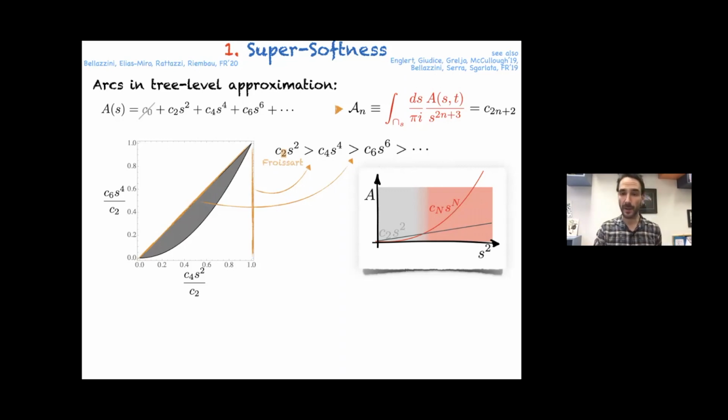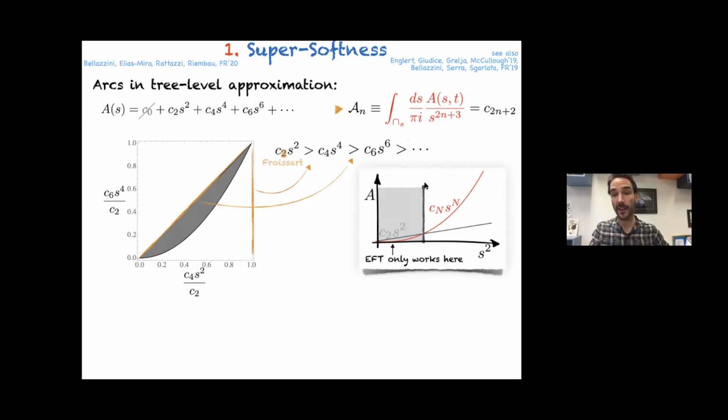So basically, this picture that I was looking for, which is the supersoftness, in fact, is not compatible with my bounds, because these equations are telling me that the C2 s squared piece must always be bigger than the super soft ones.